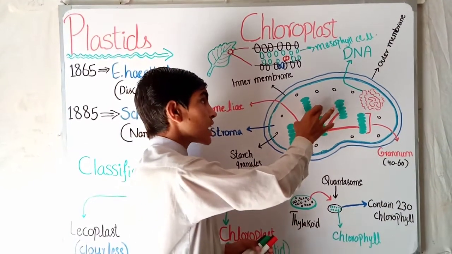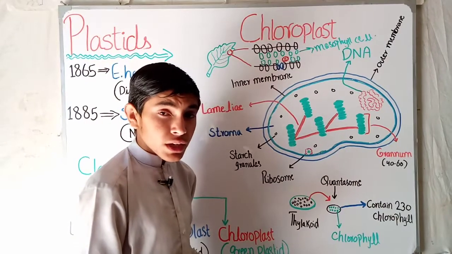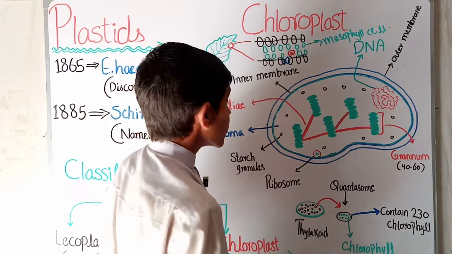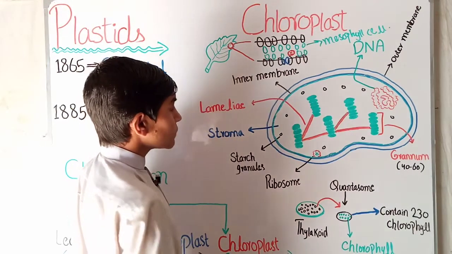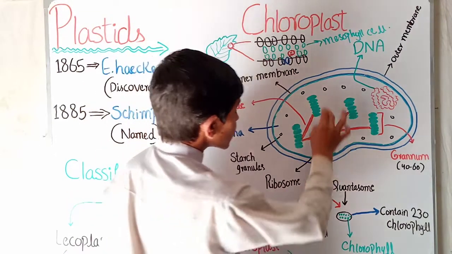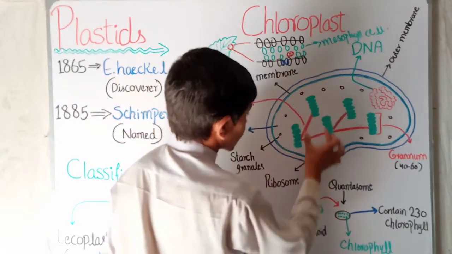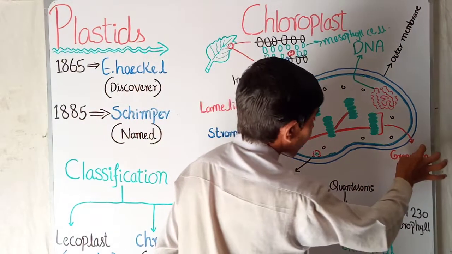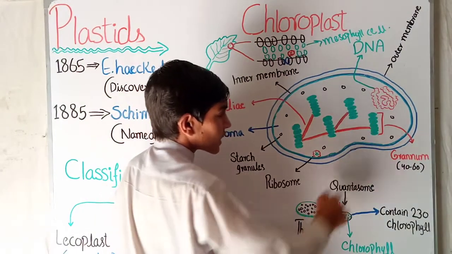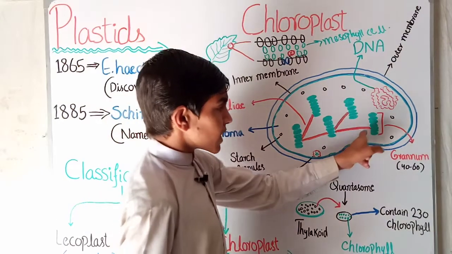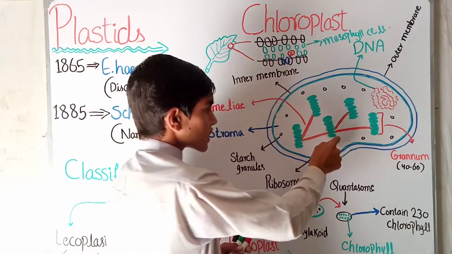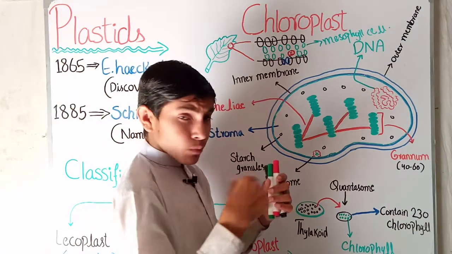So what is the main site of the synthesizing or anabolic process? The inner membrane is the main site for all the anabolic activities occurring in the chloroplast. Inside the inner membrane you can see these stack-like structures, which are called granum. You can see this greenish color, and the granum is like a pile of coins.